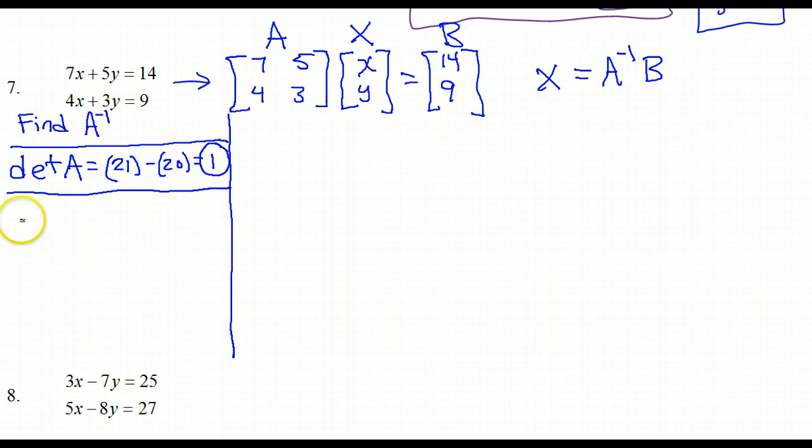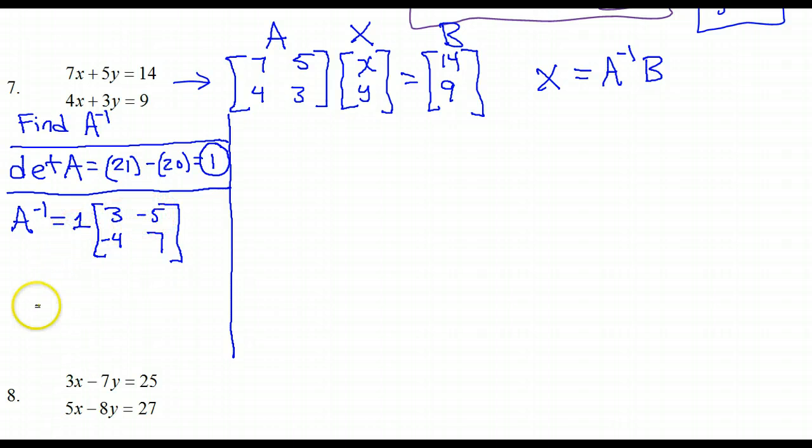Now that we have the determinant, we can go ahead and find the inverse. Normally we would do the reciprocal of this, but the reciprocal of 1 is still 1. So we're just doing 1 times the reverse negate matrix. So we have to reverse the down diagonal, so this will become 3 and 7, and negate the up diagonal, so that's going to be -4 and -5.